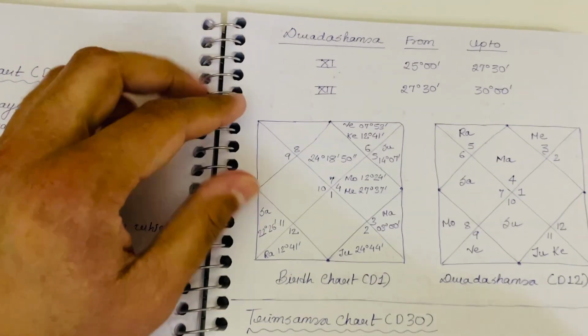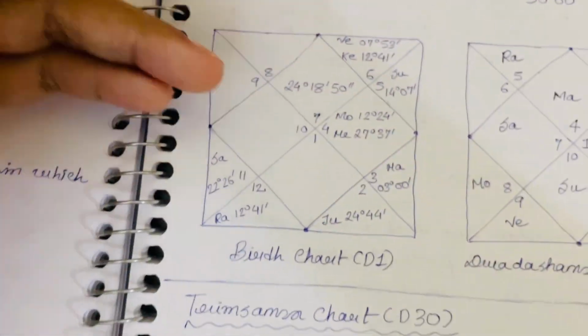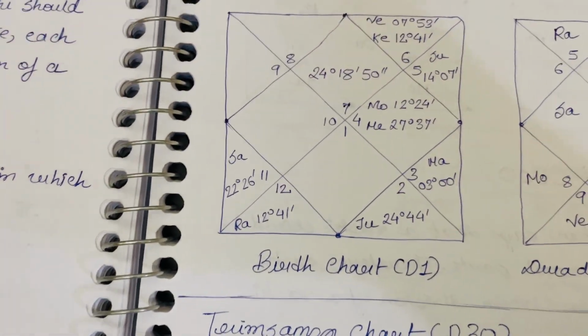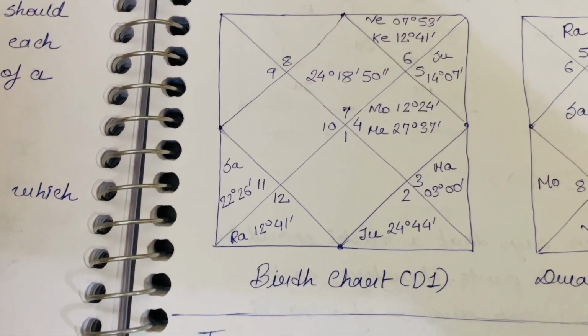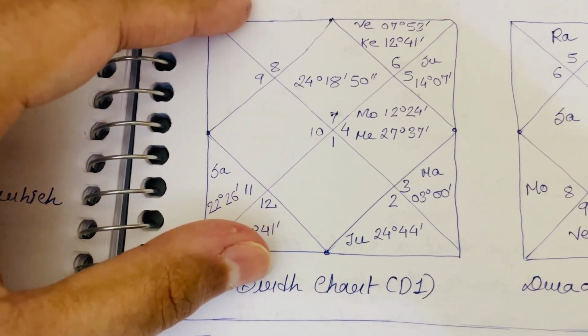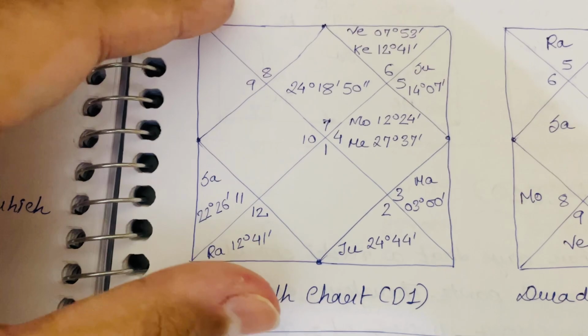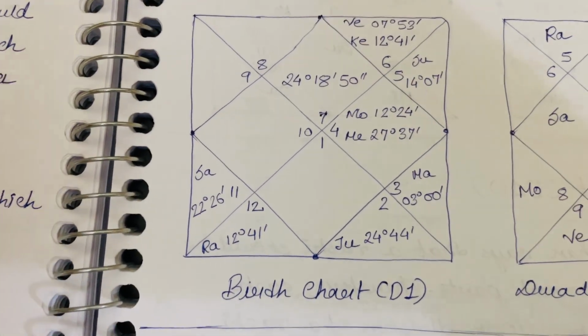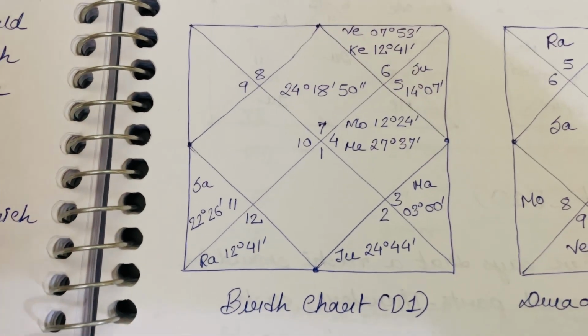Now let's take the same birth chart that we have been dealing with for all of these classes. Every time I don't have to mention that we created this chart from scratch manually.